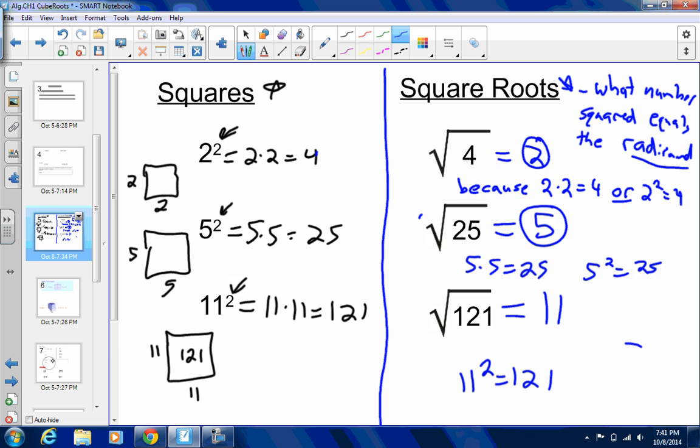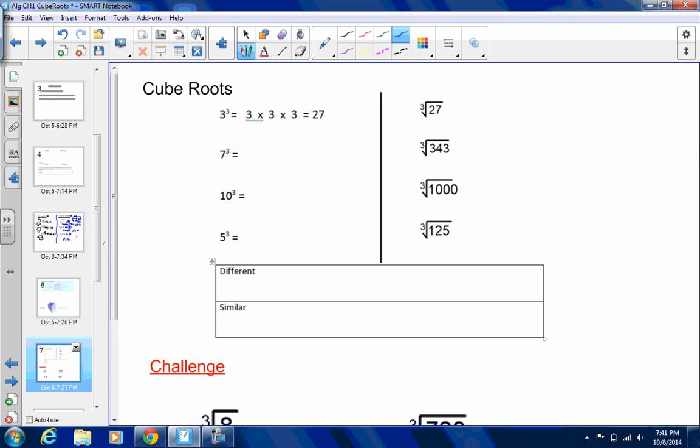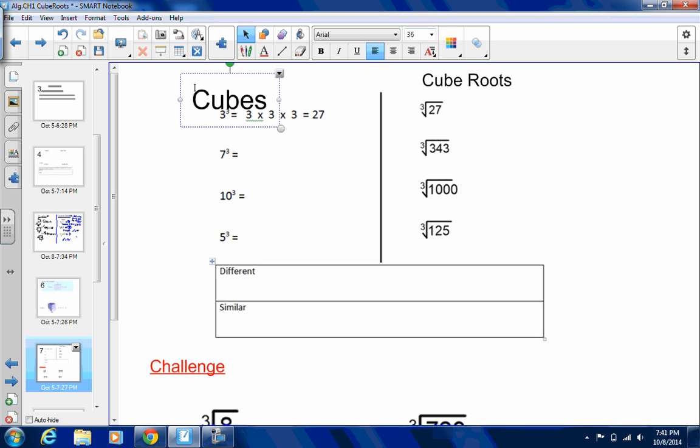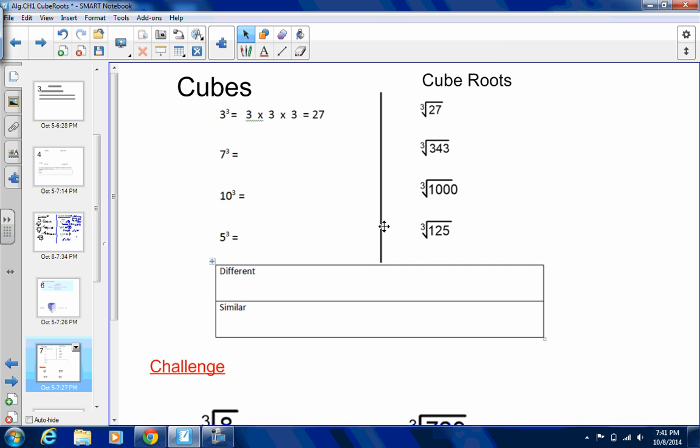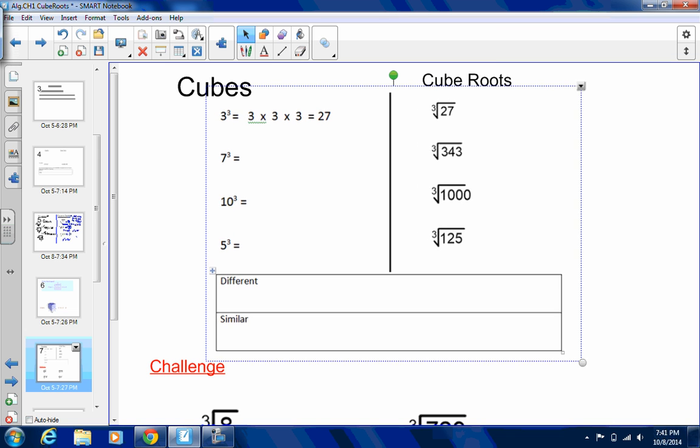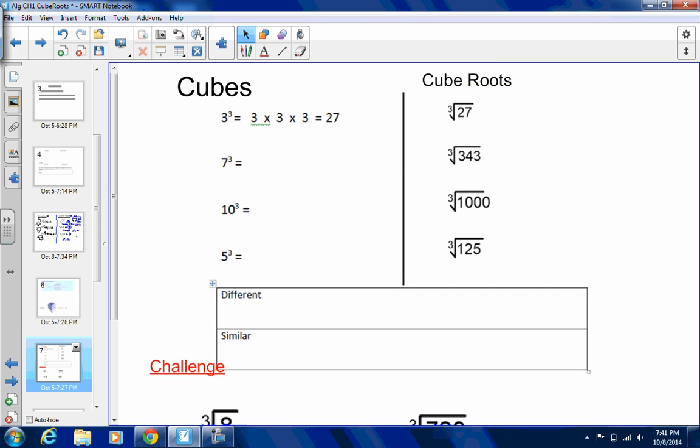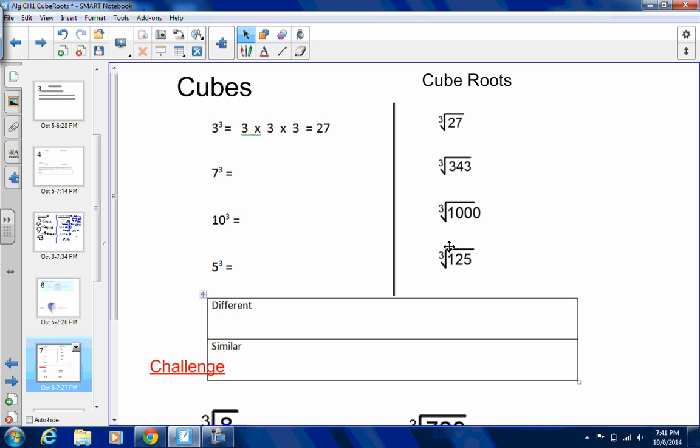All right, now we're going to shift gears and we're going to look at cubes versus cube roots. Okay, so we're going to say over here, these are cube roots. And we can label up here, we'll say those are cubes. These are both very similar to squares and square roots, only just a little change.